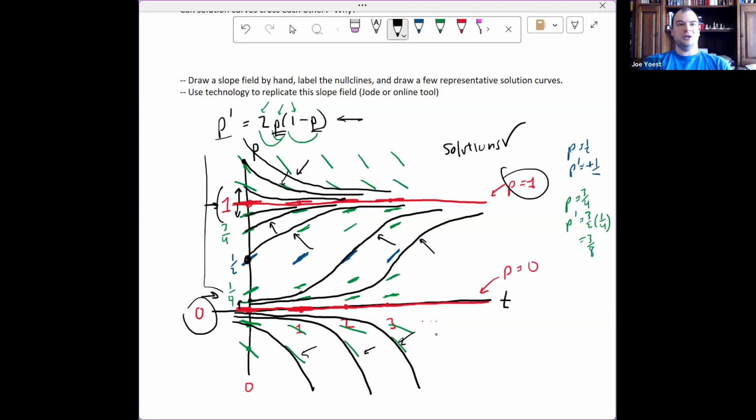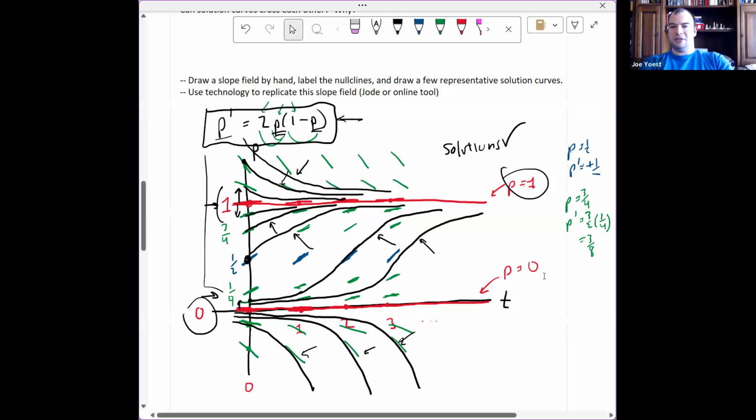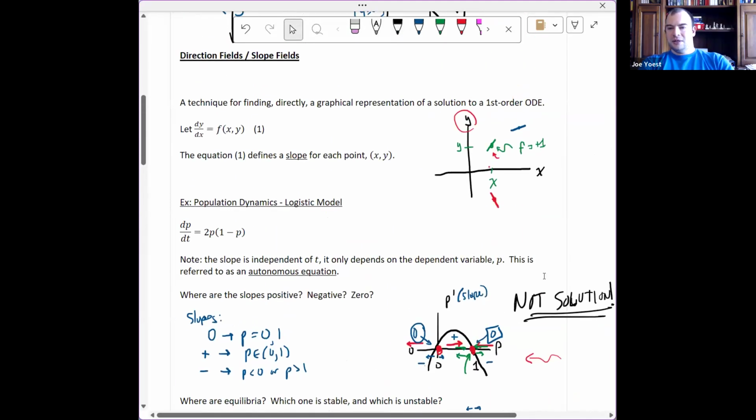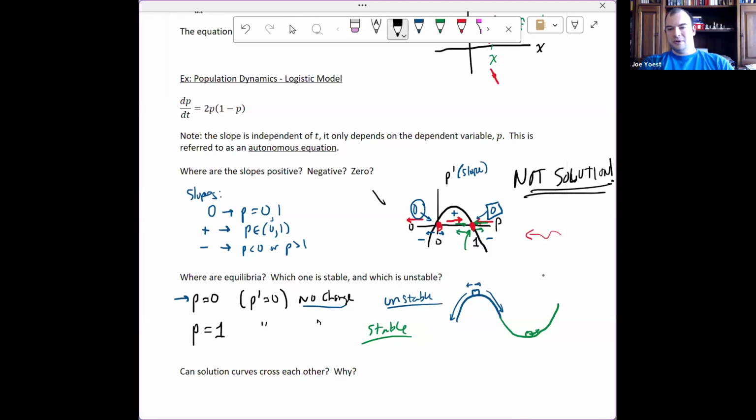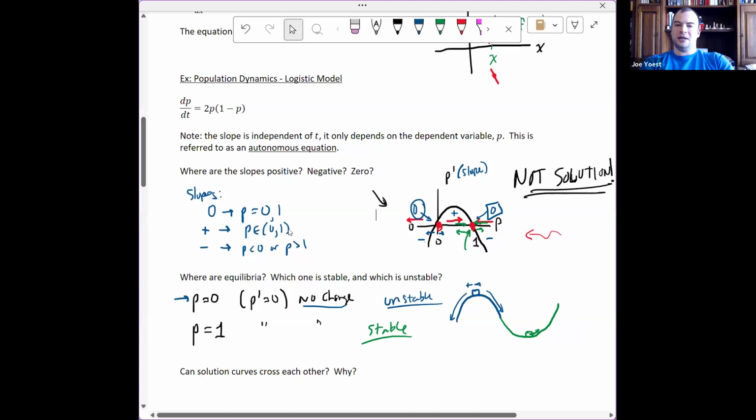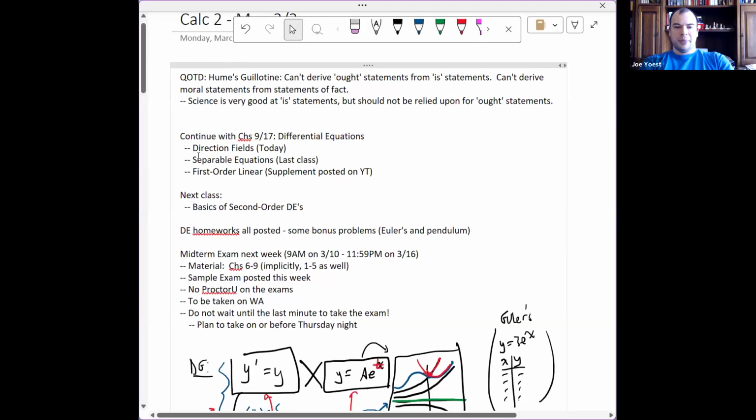We've done essentially no algebraic solving of this differential equation, right? We have no idea what the solution looks like. The only algebra in a sense we've done is the simple algebra to figure out where p is increasing or decreasing, things like that. That's not the algebra I'm talking about. We haven't solved this as a separable equation or a first order linear or anything like that.